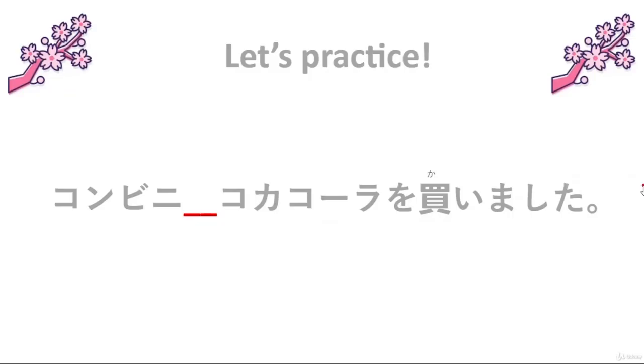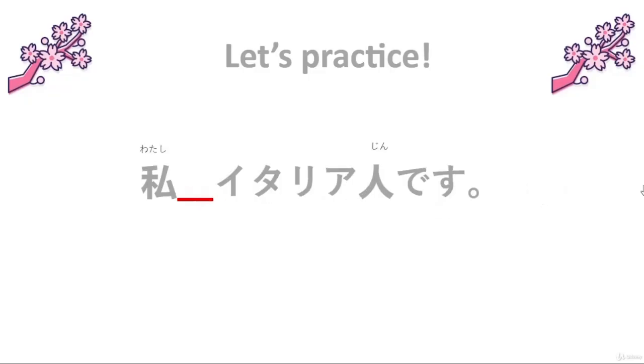What particle would I use? コンビニでコカ・コーラを買いました。Very good. Where did I buy Coca-Cola? At the convenience store. 私、イタリア人です。I, Italian am. What particle would I use here? 私はイタリア人です。Very good. As for me, I am Italian.